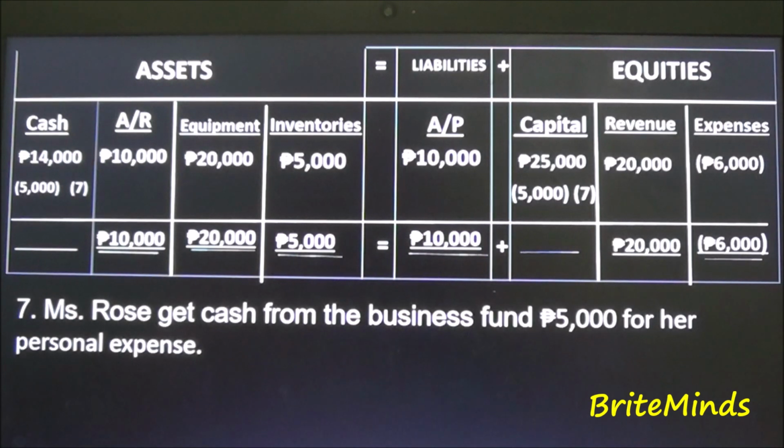So based on our accounting equation, there is a decrease in cash, 14,000 minus 5,000, so the remaining cash of Miss Rose is 9,000. Accounts receivable is not affected, still the same. Equipment remains the same. Inventories remain the same.